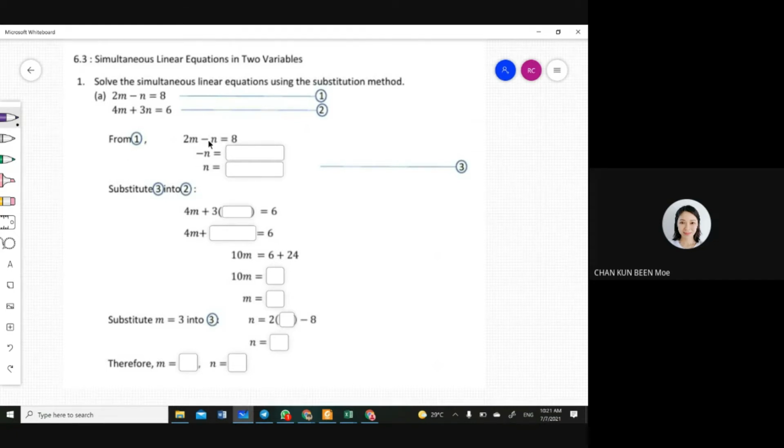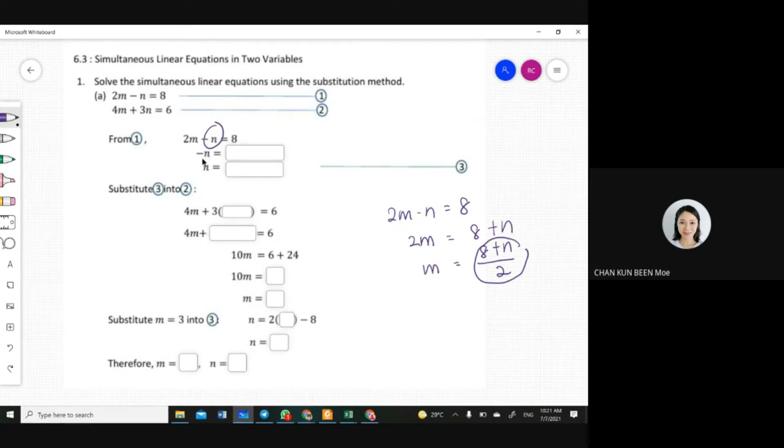This one is negative 1n, so it will be easier to make n the subject. Why? Because if you use 2m as the subject, it becomes 8 plus n, and later it will become a fraction, 8 plus n over 2. When you do substitution into the equation, it will be a bit tedious to solve the one with the fraction. So we keep the n over here.